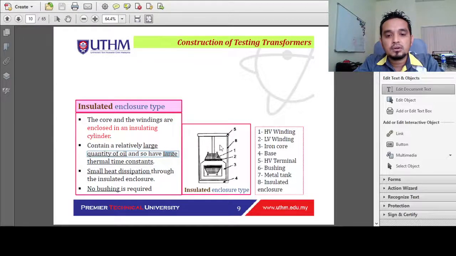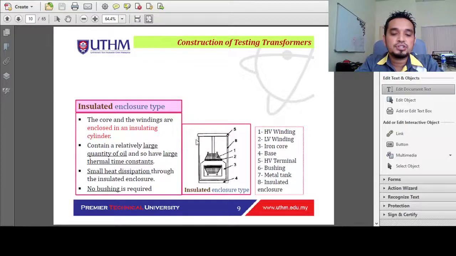High thermal constant. What is meant by high thermal constant? It means that the thermal conductivity is relatively not effective compared to the tank type, and small heat dissipation, since this one is made of insulated material, so the heat transfer from the oil to the environment is less effective compared to if this one were made of metal.